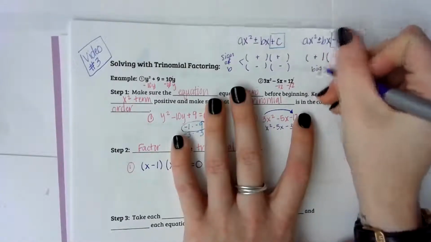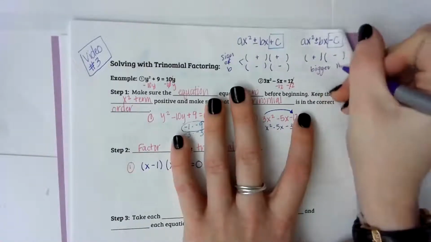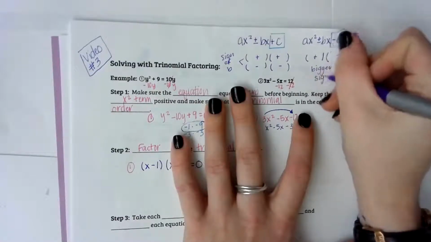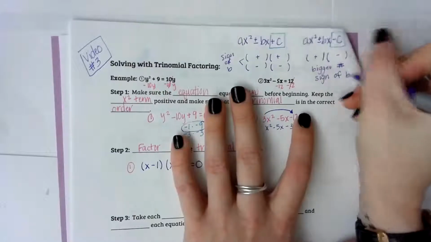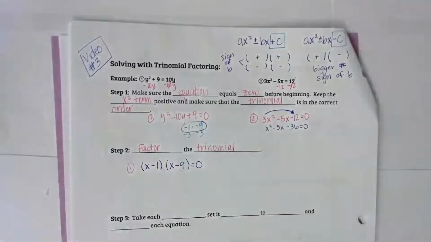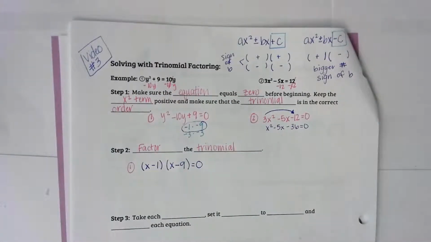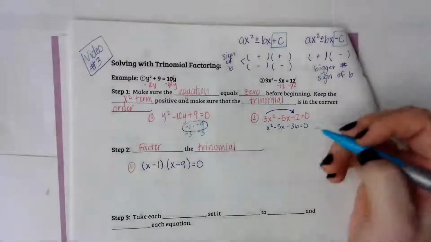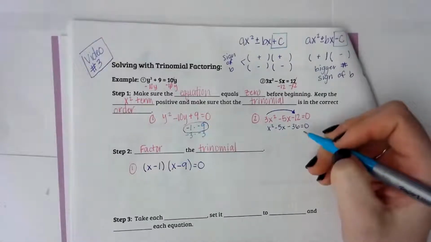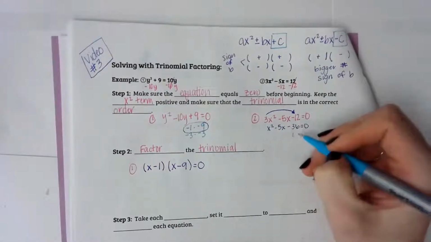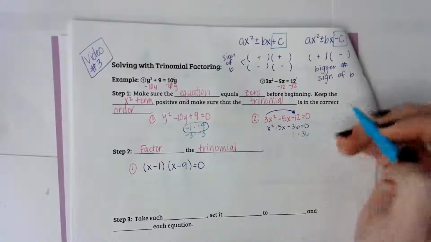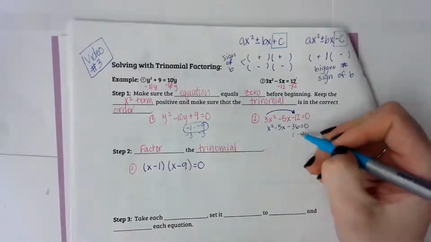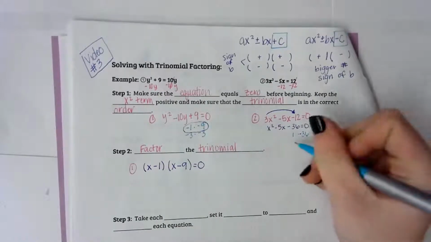And your bigger number is your sign of B. So to get negative 36, so 1 times 36. So the bigger one has to be the sign of B. So the sign of B is negative 5. So that means it should be a negative 36.